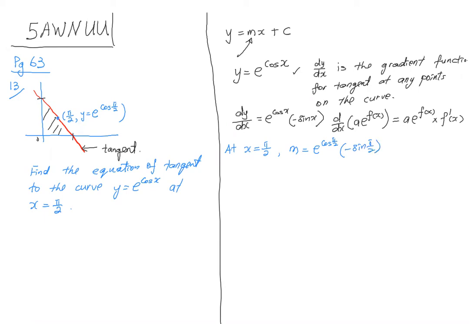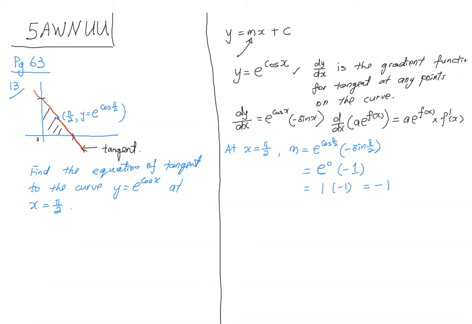You can go to your calculator and calculate: cos pi by 2 is 0, sin pi by 2 is 1, so negative sin pi by 2 is -1. e to the power of 0 is 1. Okay, so I got the gradient is -1.